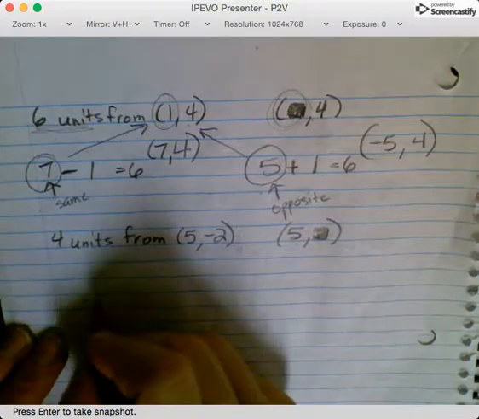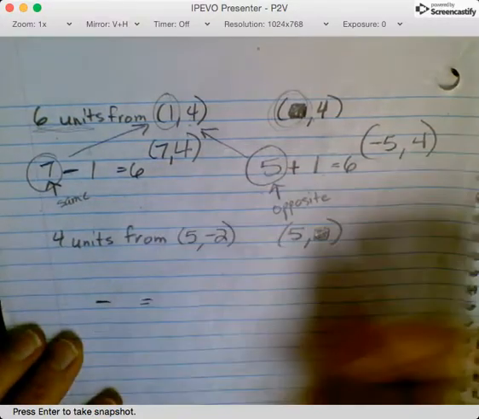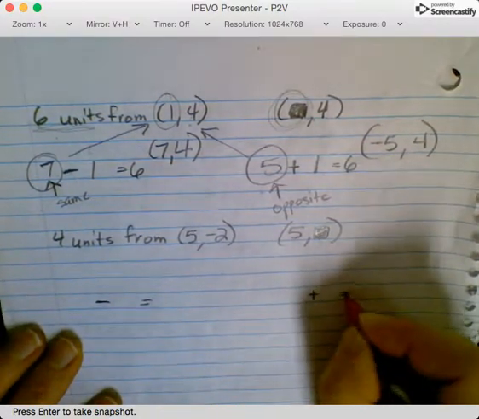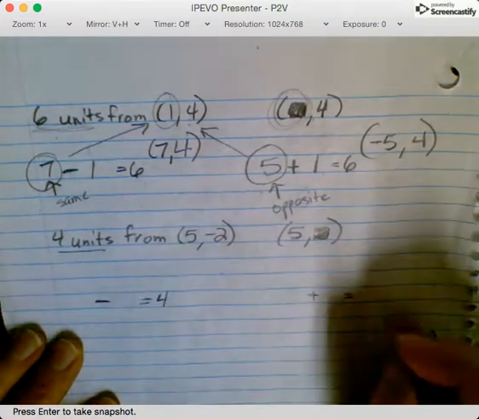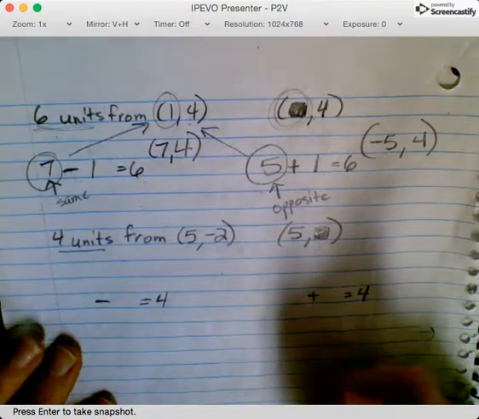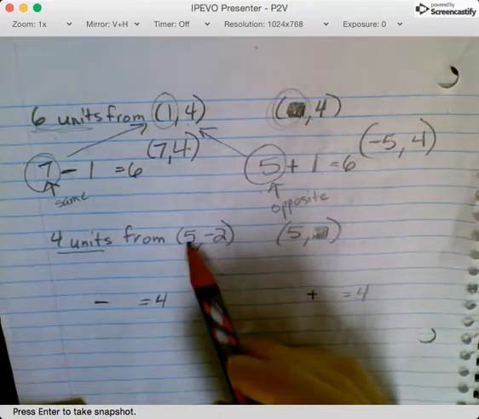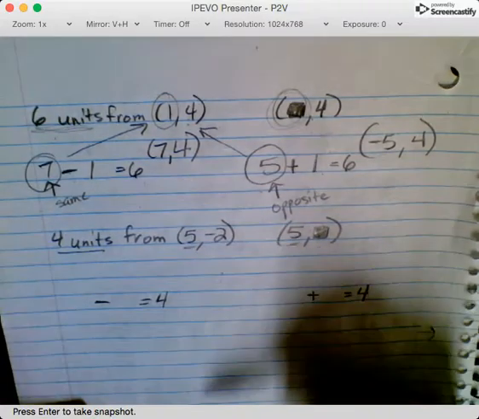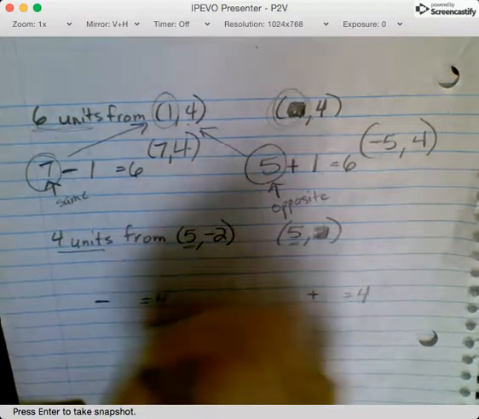Again, I'm going to start with just the subtraction and addition. 4 units means my 4 is what it's going to equal, because I add or subtract to get the distance. These two numbers are the same, so that's the number I'm going to leave alone. The 2 is the number that goes here.